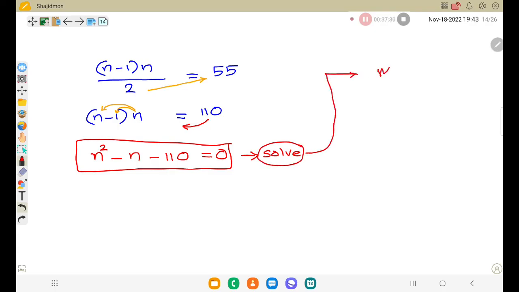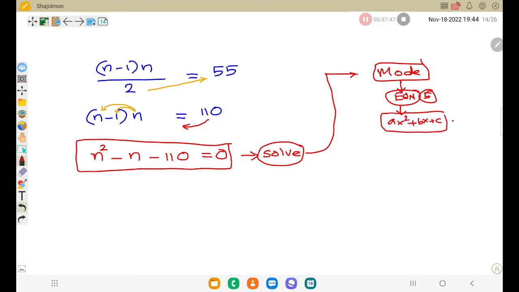What do we do? Press the mode button, as I explained in earlier sessions. After that, equation number 5. After that select ax power 2 plus bx plus c, that means number 3. Then for a, n power 2, enter 1, press equal to.